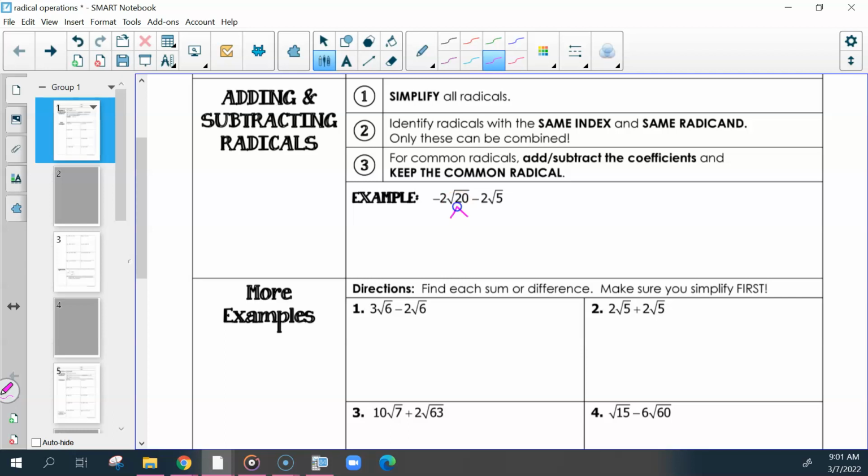Give me the highest perfect square we can divide 20 by. 5 would work, but that's not the perfect square. 4, yeah. So that would become 2. And I'm just going to bring down the last part, that minus 2 times the square root of 5.